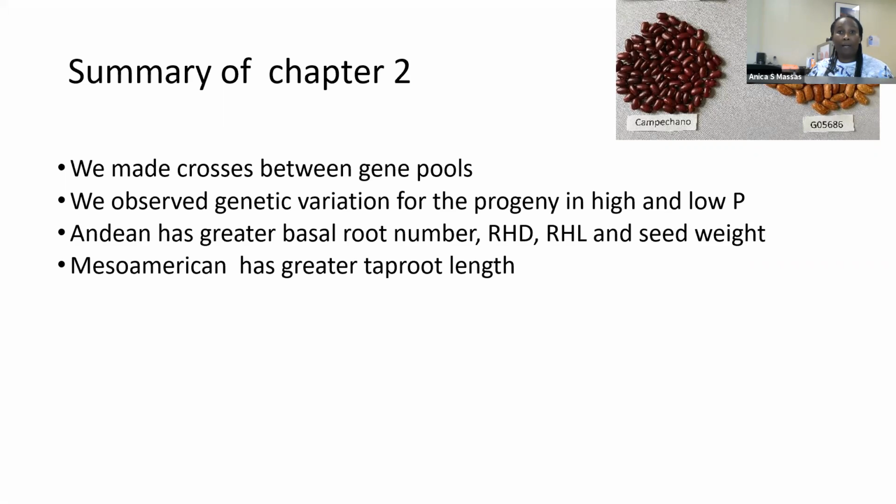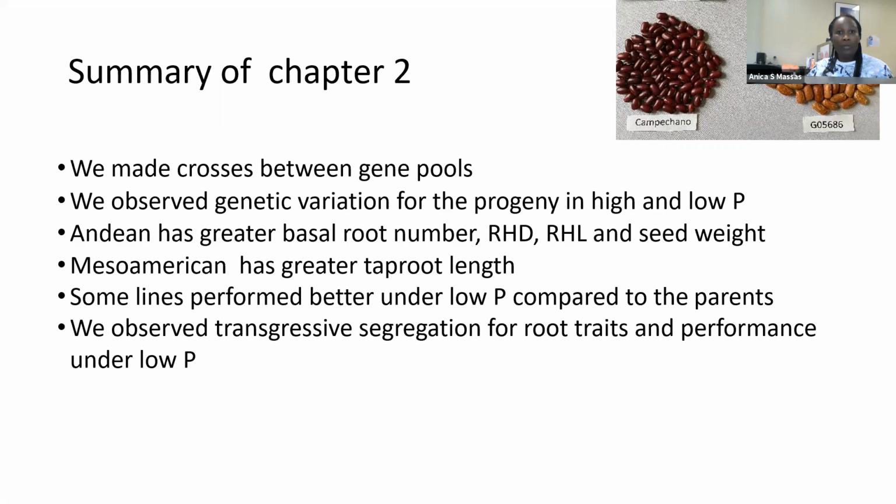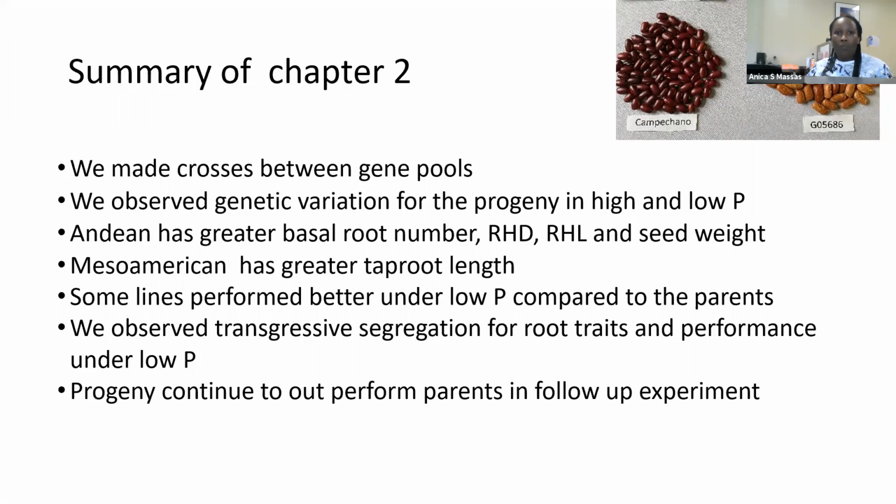Mesoamerican has greater taproot length. Some lines performed better under low phosphorus compared to the parents. And we observed transgressive segregation for root hair traits and performance under low P. The progeny continued to outperform parents in the follow-up experiment.